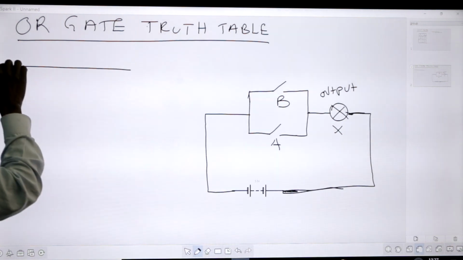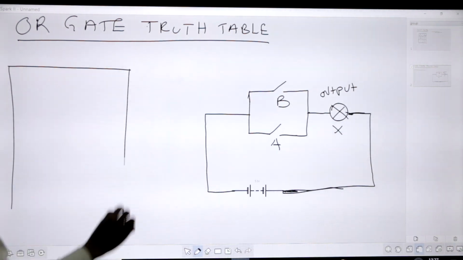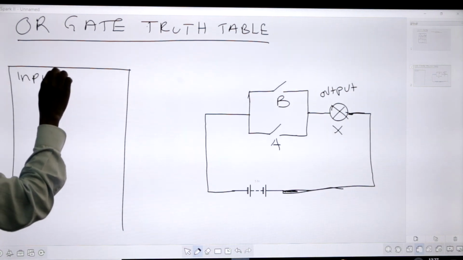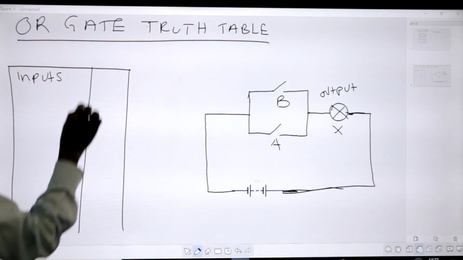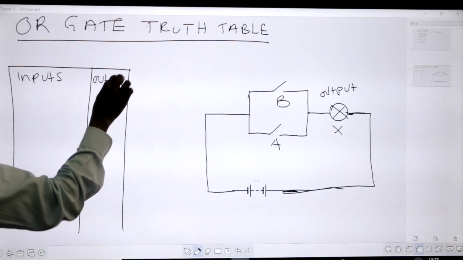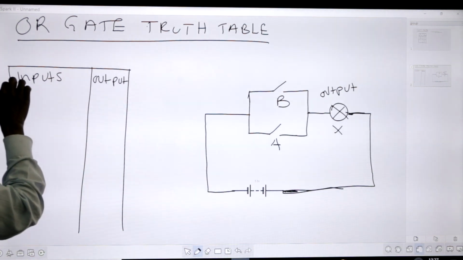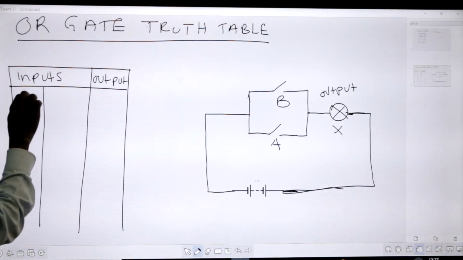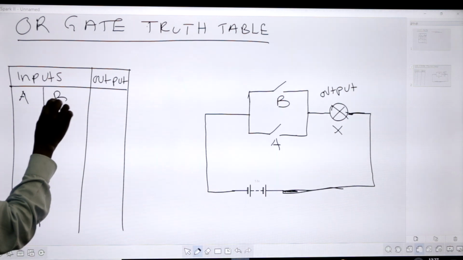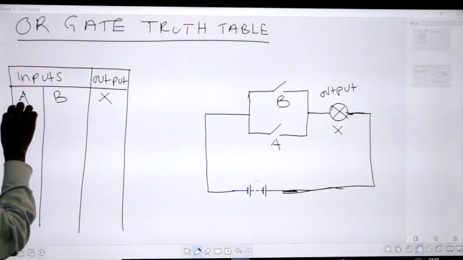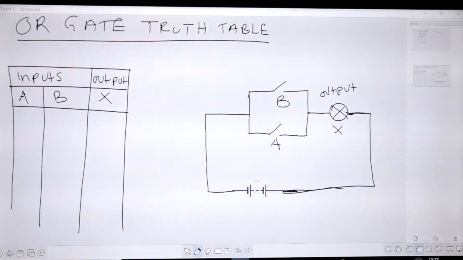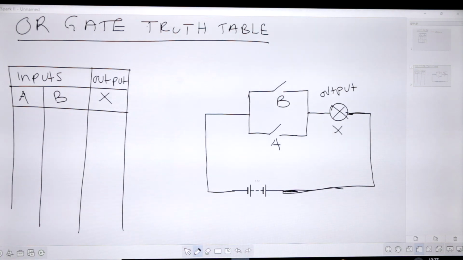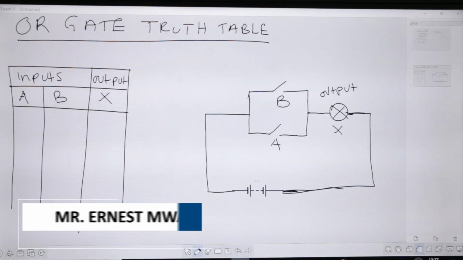If I'm here, I'll do this. So my inputs, I have two of them. And of course, I'll have one output. My inputs are A and B. The output for today, I'll just call it X. So let's look at the possible inputs that we can have.